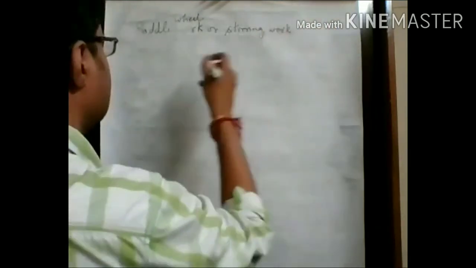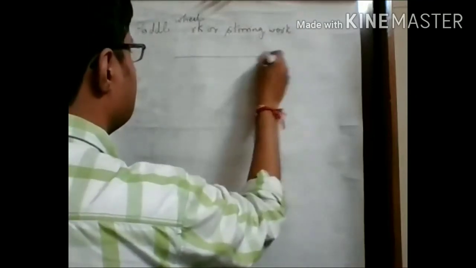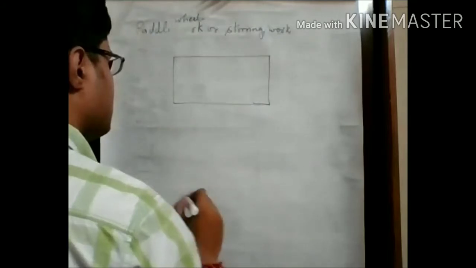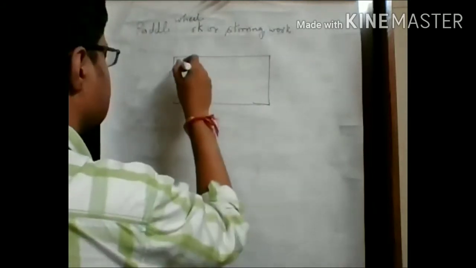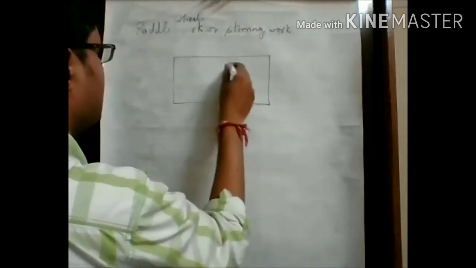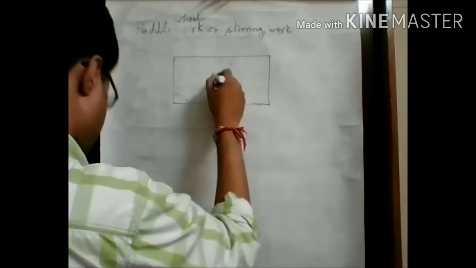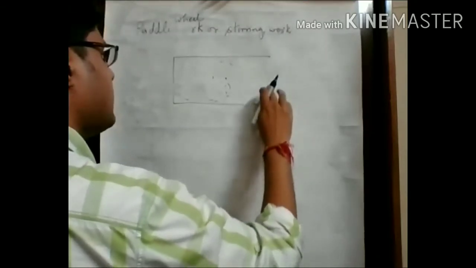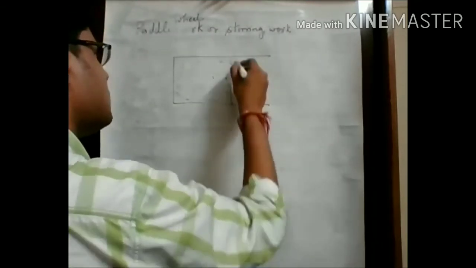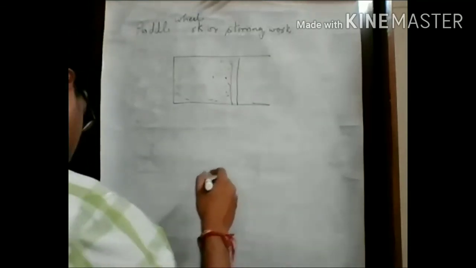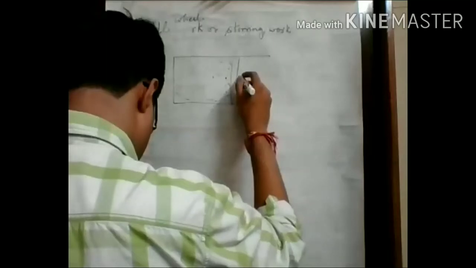Suppose this is a system. Okay, this is a system which has some fluid. And this system has a cylinder, and this piston is moving against the atmospheric pressure.